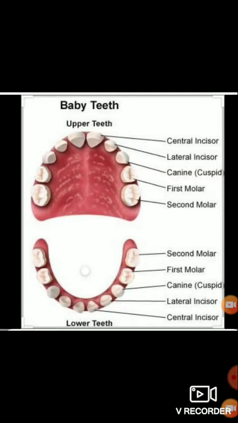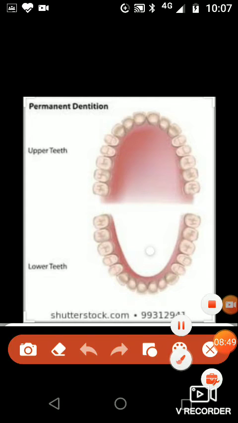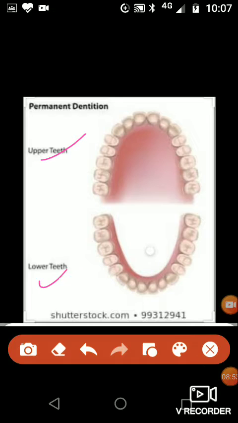Next we have permanent teeth. As you can see again, the upper jaw and lower jaw, upper teeth and lower teeth. We know that in an adult, after 8 years, a child has 32 teeth. Not at the age of 32, but at the age of 8, as they grow on, because some wisdom teeth appear at a later age.